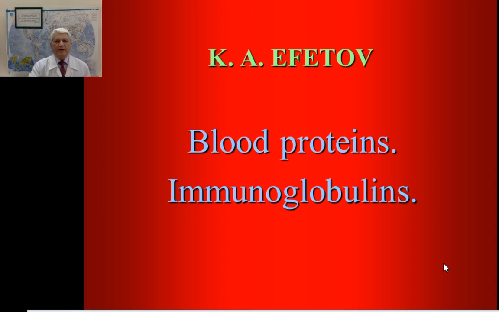There are many different proteins in our blood which fulfill different functions. If we divide proteins with the help of electrophoresis, we can receive some protein fractions. The quickest one is albumin.